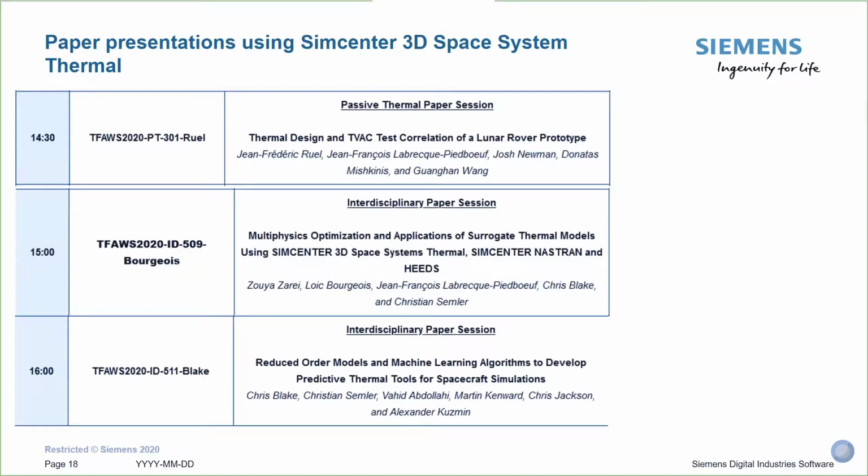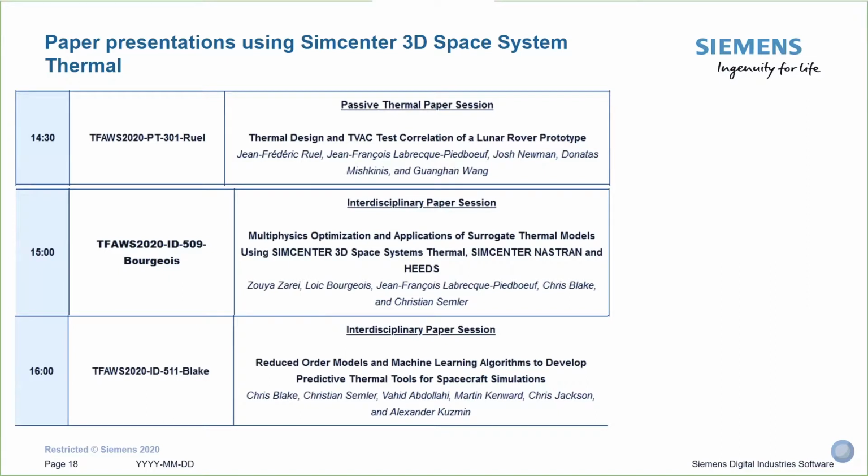We also have at 3 o'clock Central Time an interdisciplinary paper session where we look at optimization and surrogate thermal models using Simcenter 3D and TFAWS. We're also doing a coupled thermal structural analysis, so we're running both in conjunction in an optimization tool. That one should be very interesting.